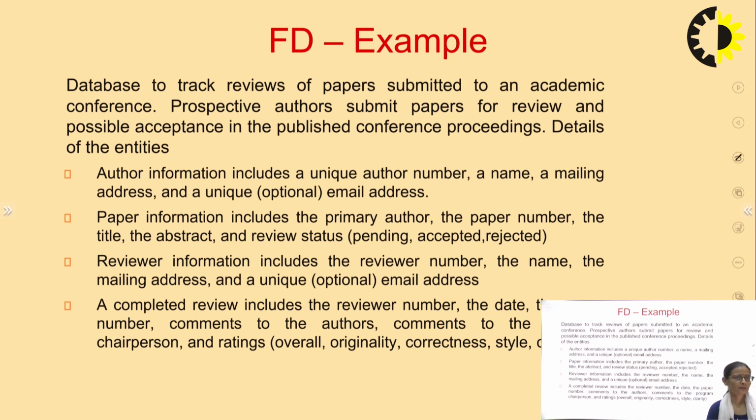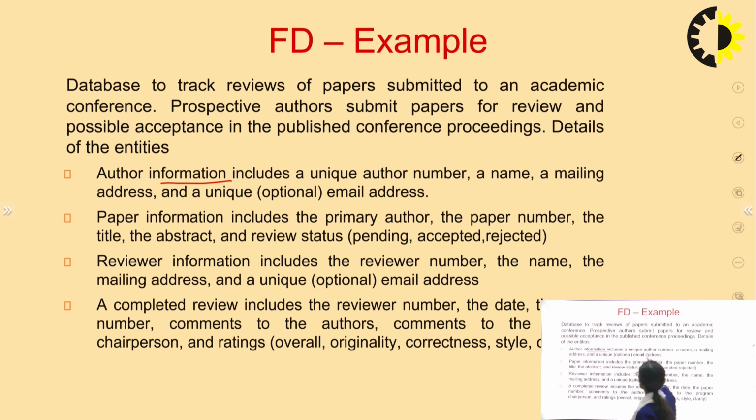This is another way to derive the functional dependency. Sometimes in exams such kinds of formats are given; your question comes in this format also. So, consider a database to track the reviews of papers, for example, submitted to an academic conference. The prospective authors submit papers for review and possible acceptance in the published conference proceedings. Here the details of the entities are the author information.